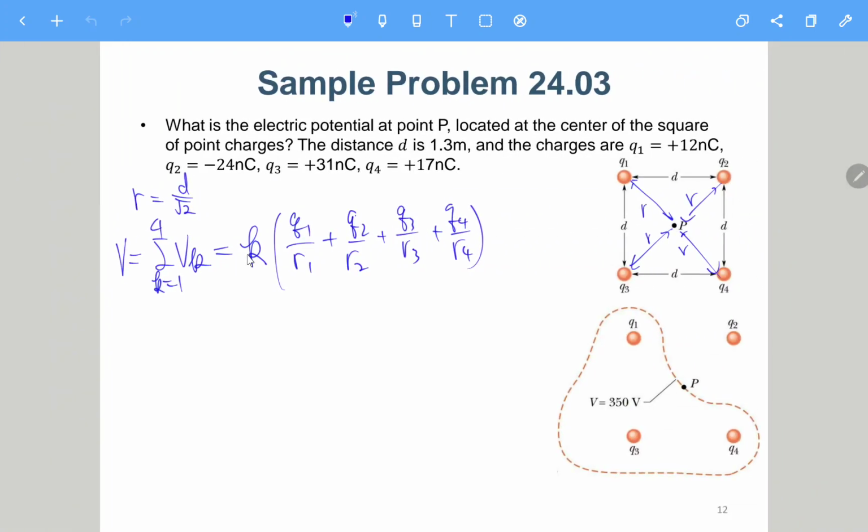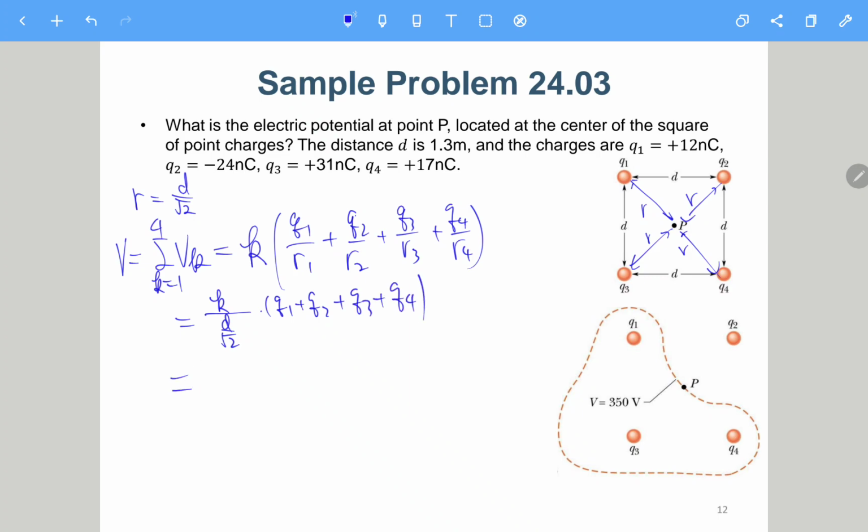Actually, r1, r2, r3, r4 are all d over square root of 2. So it turns out to be k over d over square root of 2, times q1 plus q2 plus q3 plus q4.